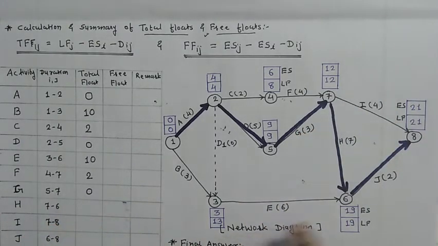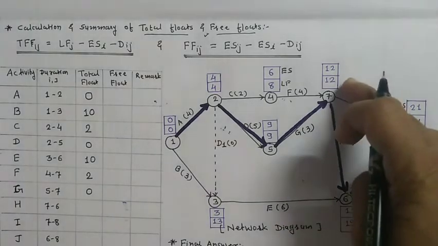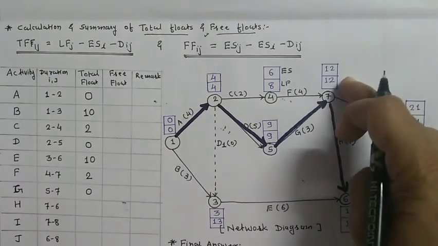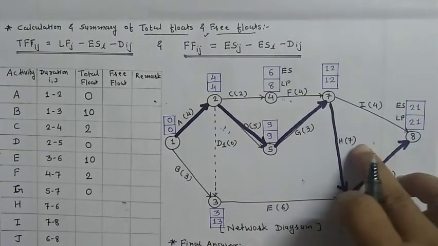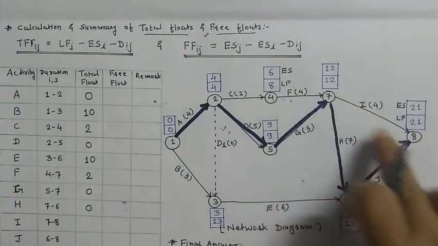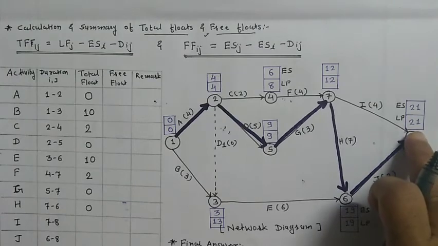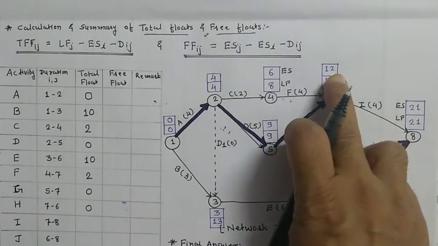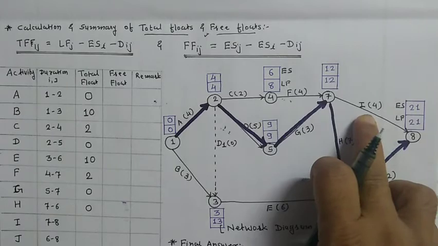Now 7 to 6, 19 minus 12, 7, and then minus duration 7 is equal to 0. 7 to 8, 21 minus 12 minus 4 is equal to 5.